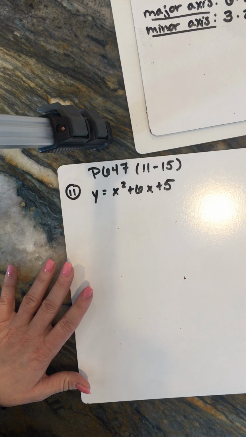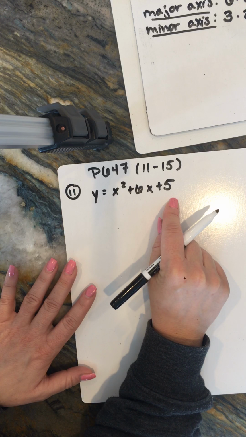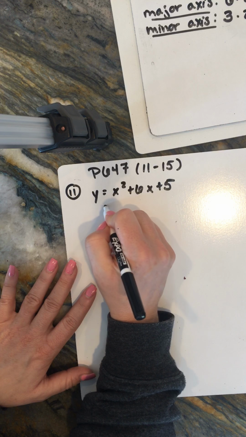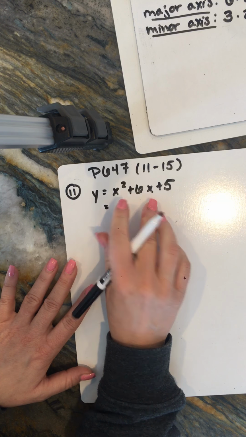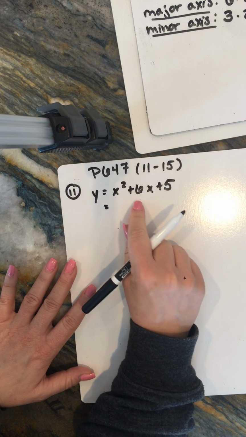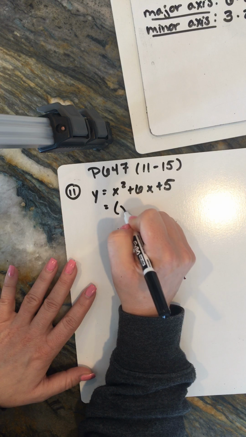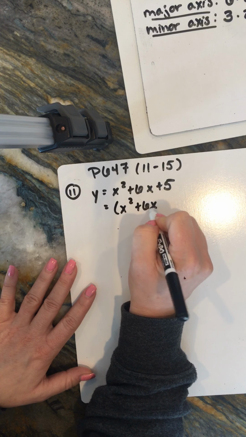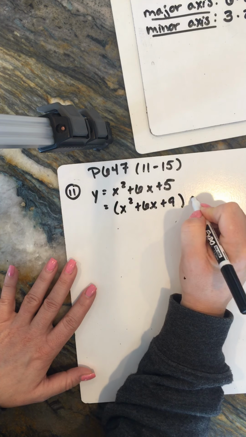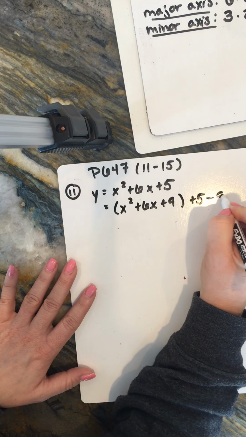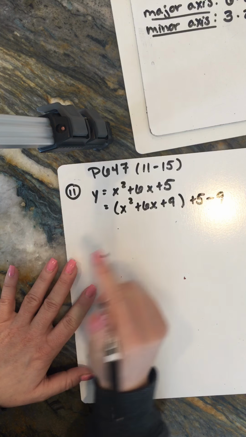So we first need to change the form that the parabola is written in. Let's go ahead and complete the square with the x terms. So that would be 6 divided by 2, 3 squared is 9, so we'll do x squared plus 6x plus 9 plus 5, and then minus 9 to balance everything out.